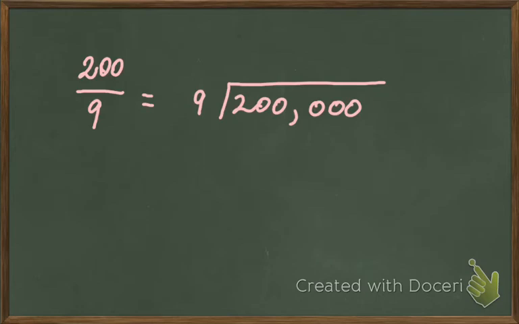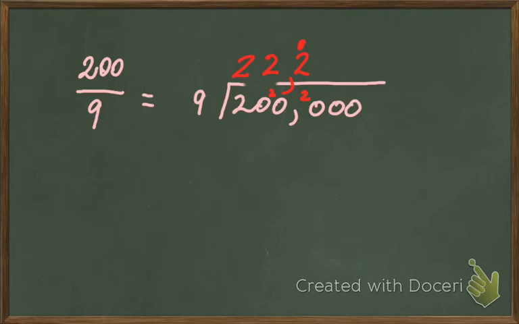And so what the examiner can also expect of you is to know that 200 over 9 can be written as a decimal. 9 divides into 20 twice, because 2 times 9 is 18, leaving a remainder of 2, and so forth.